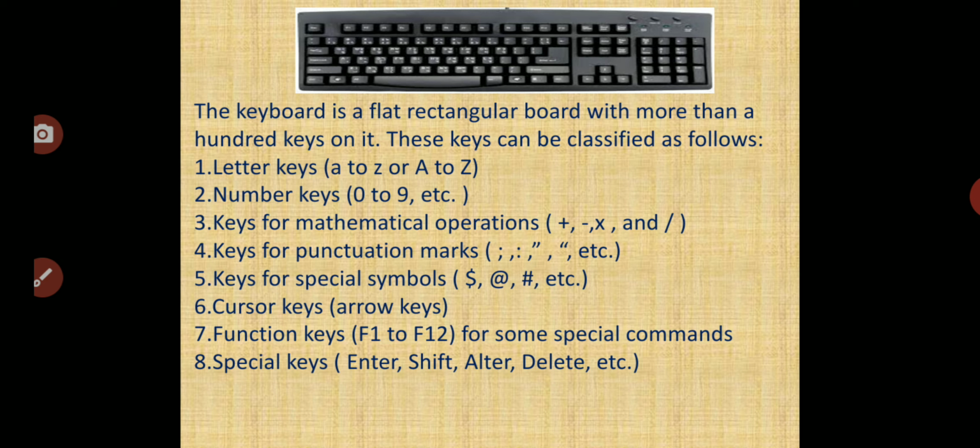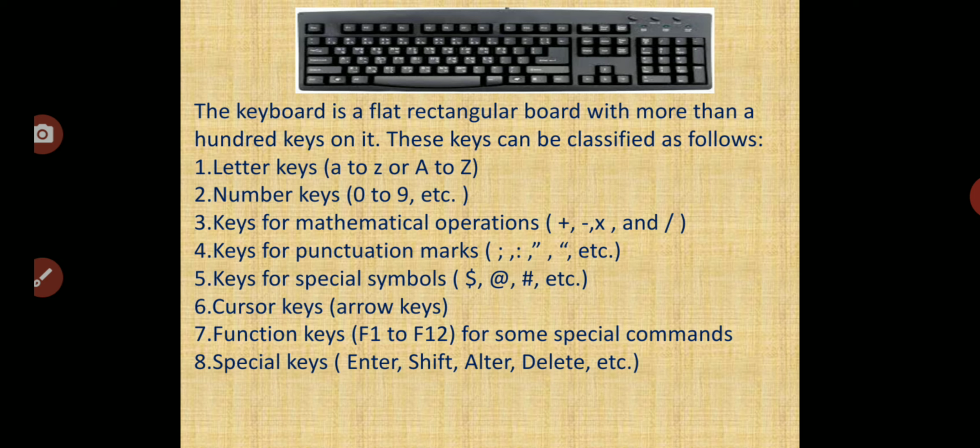Fifth one, keys for special symbols, meaning dollar sign, at sign, hash sign, etc. Sixth one, cursor keys, meaning arrow keys. You can move with the arrow keys up, down, right or left. Seventh one, function keys, meaning F1 to F12.